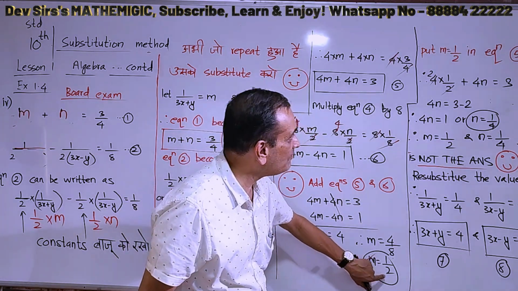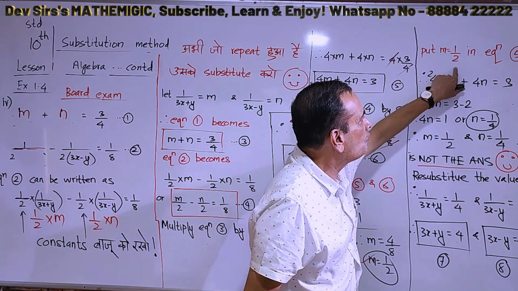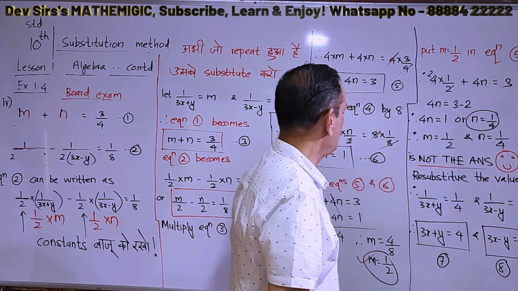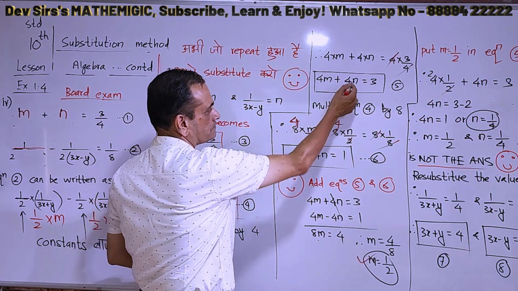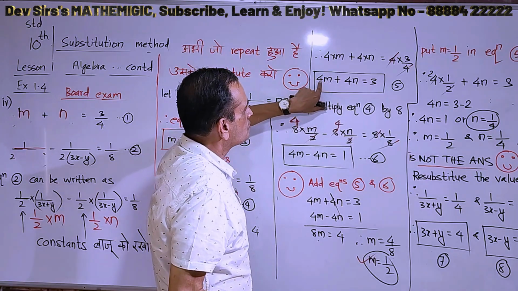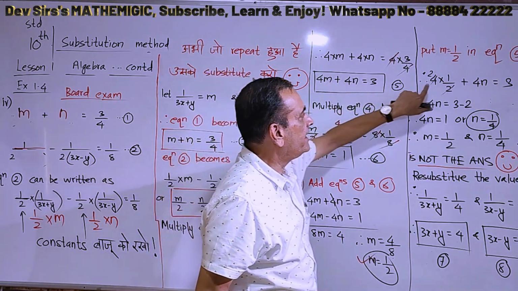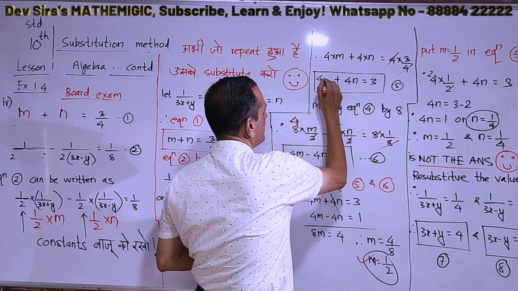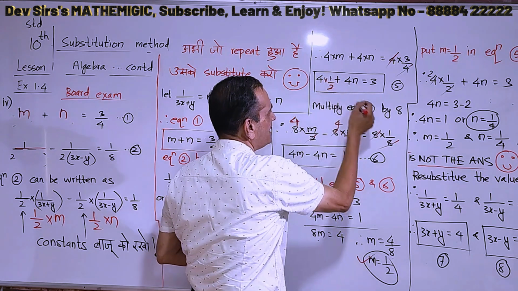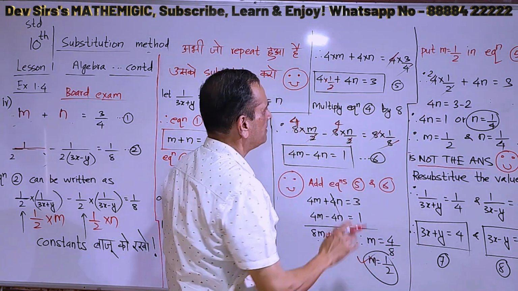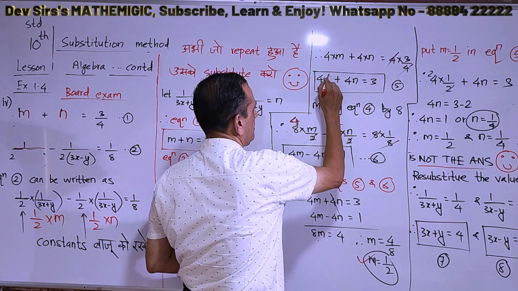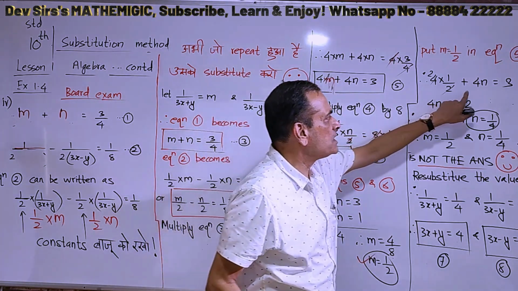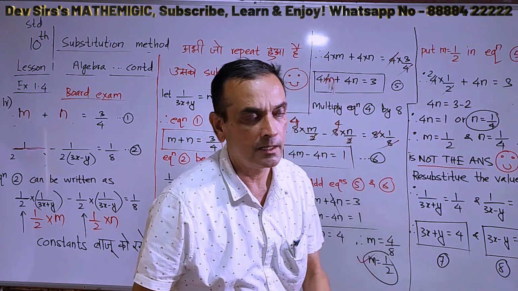So put m equal to 1 by 2 in equation 5. So 4 into 1 by 2, m की value 1 by 2 here, plus 4n equal to 3.